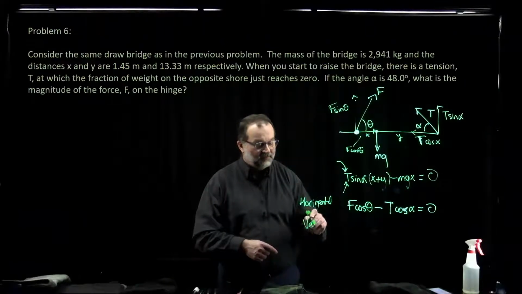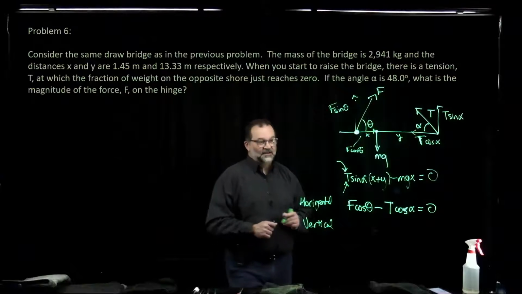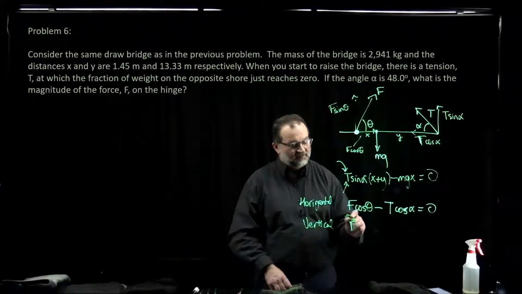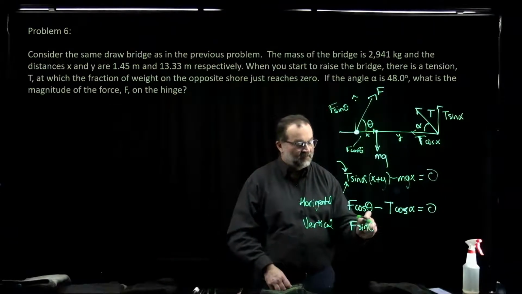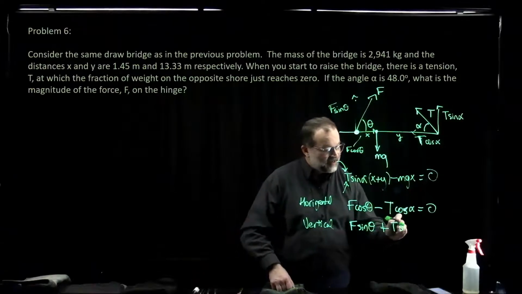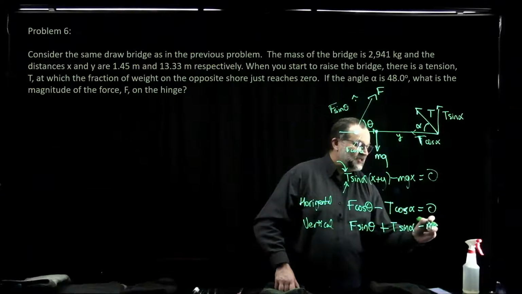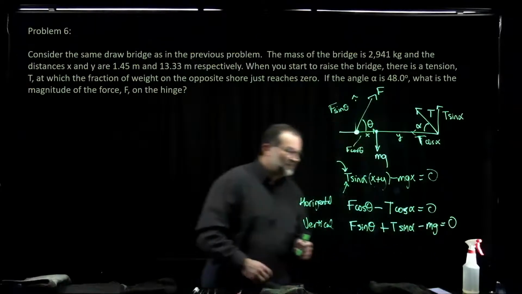Let's look at vertical. What's going on in the vertical direction? F sine theta plus T sine alpha minus mg equals 0.